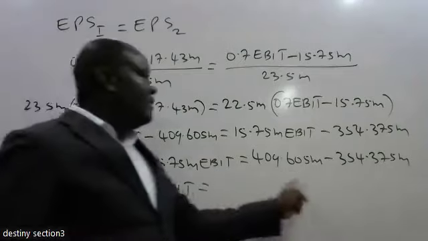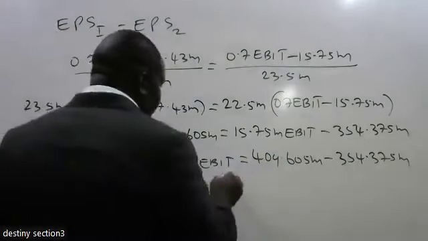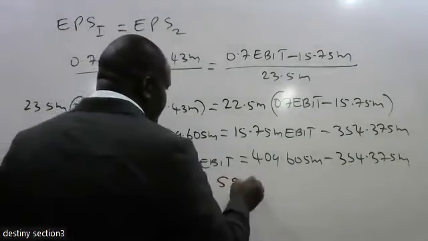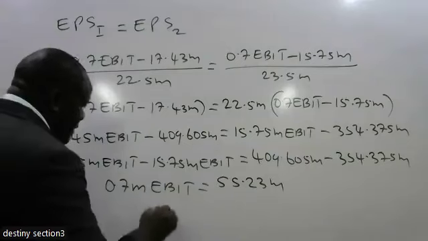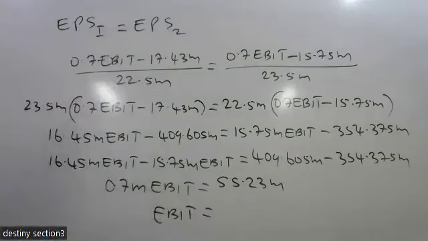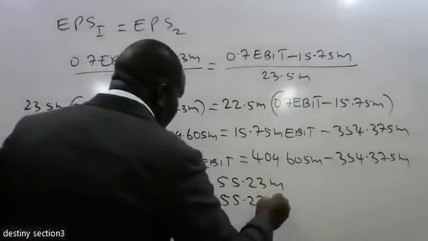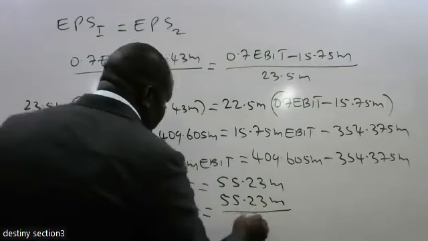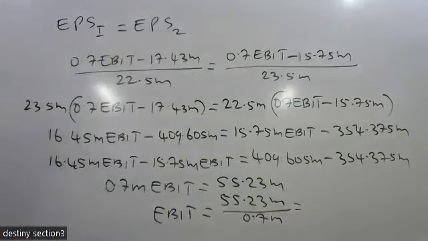And then this one should give you 15. So we make earnings before interest and tax the subject, whereby we get 55.23 million divided by 0.7 million. So finally, it will give us which figure?